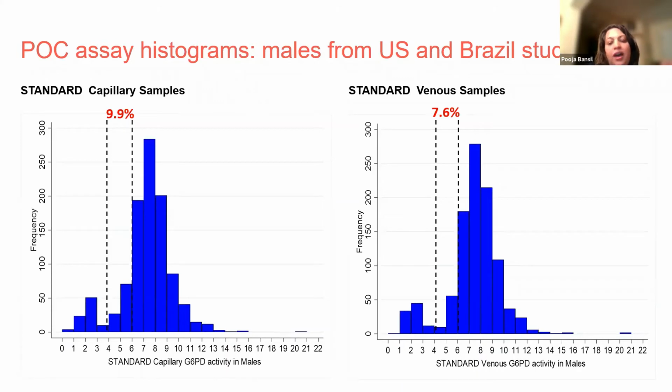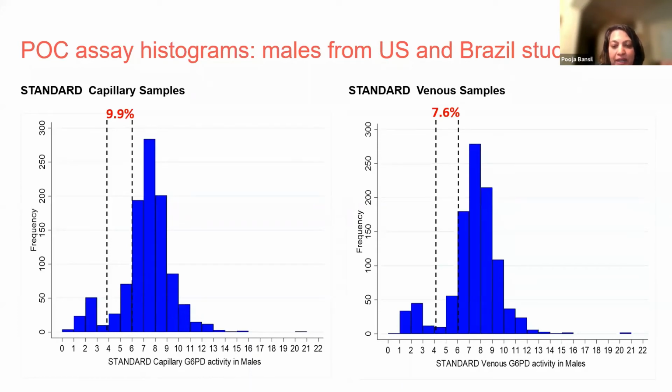So the reason why we see a higher percentage of intermediate males with the standard test as compared to the Point Scientific reference assay is largely due to imprecision and narrower dynamic range of the standard test from 0 to 20 as compared to the Point reference assay that has a range of 0 to 30.